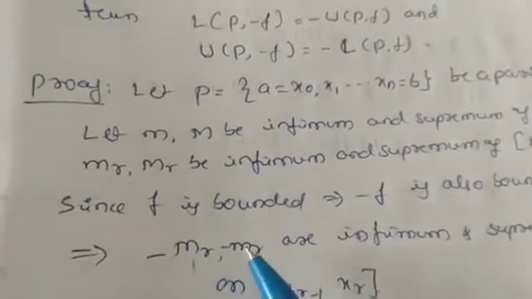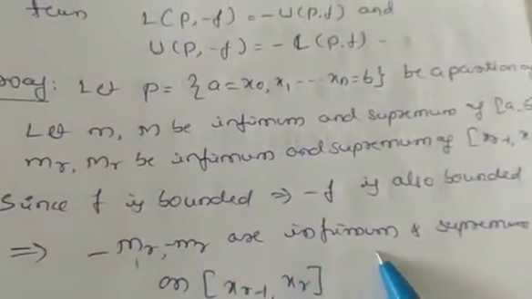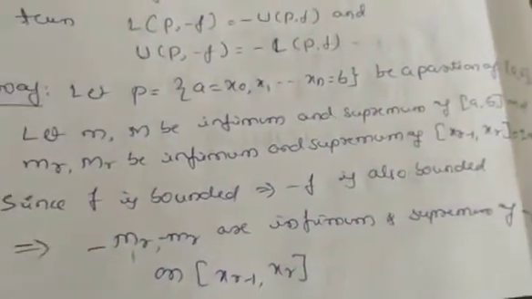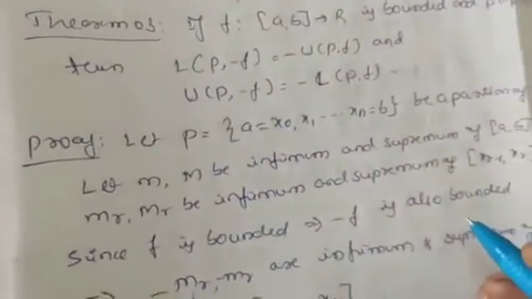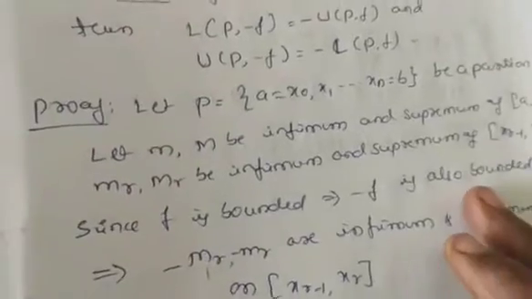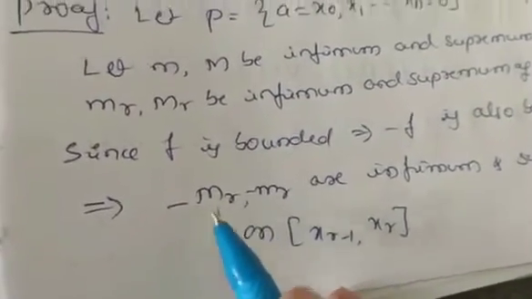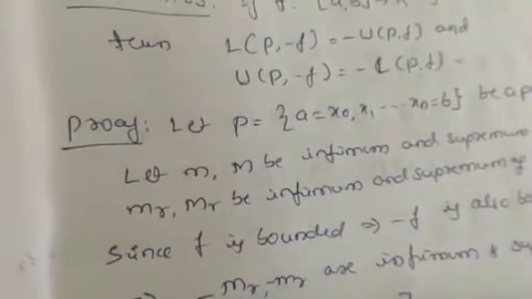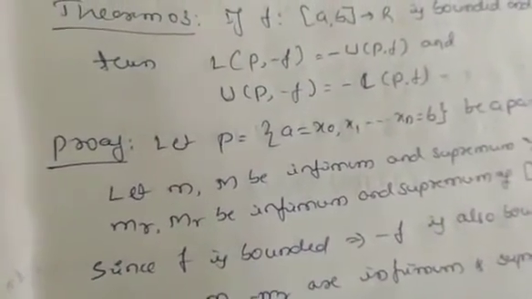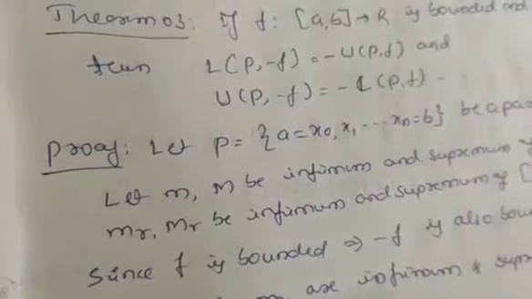So this implies that -M_r and -m_r are the infimum and supremum of -f. Supremum means maximum value and infimum means minimum value, so if you take a minus sign, it becomes reversed. You know 5 is greater than 2, but -5 is less than -2.